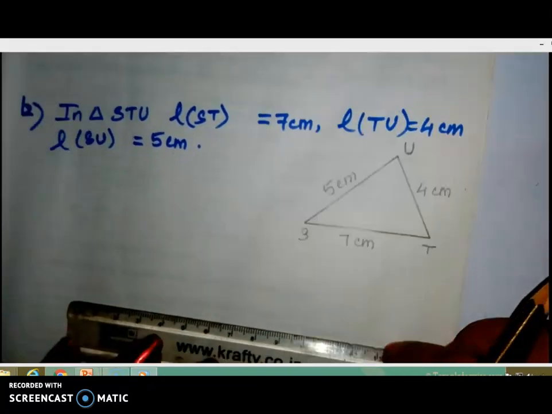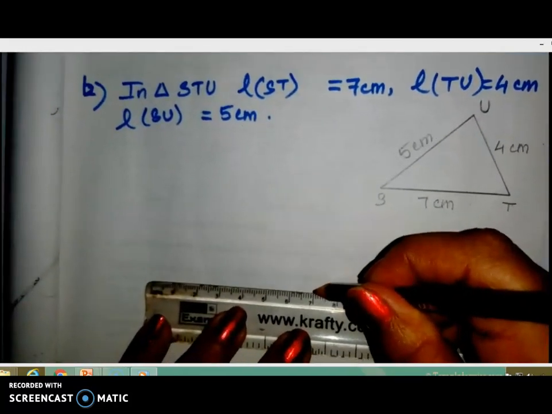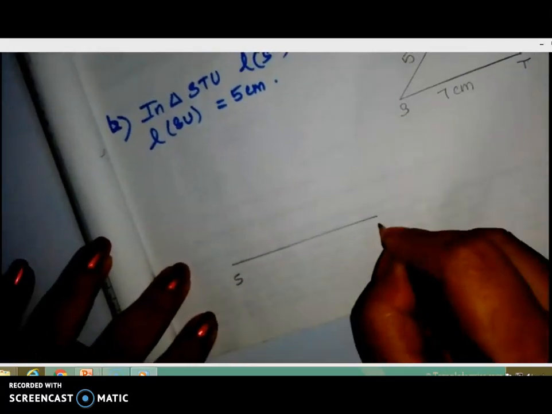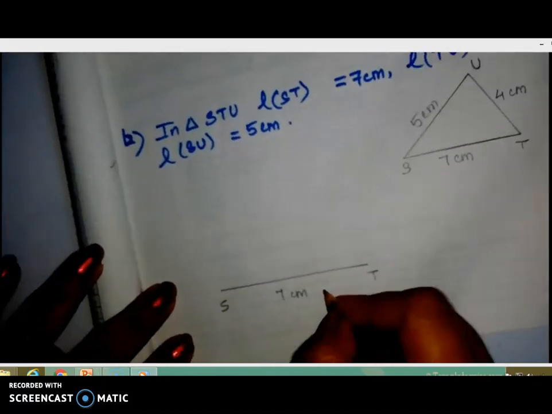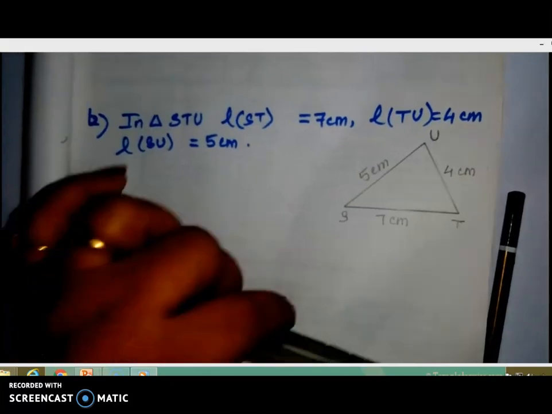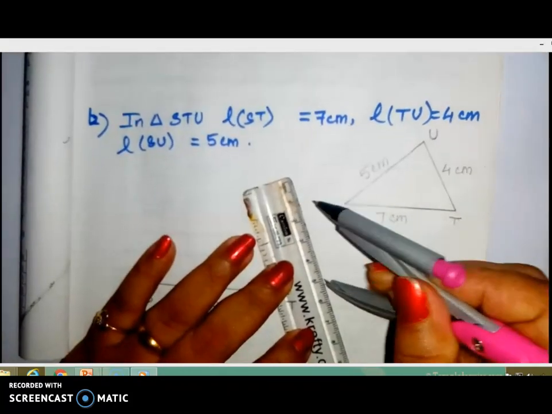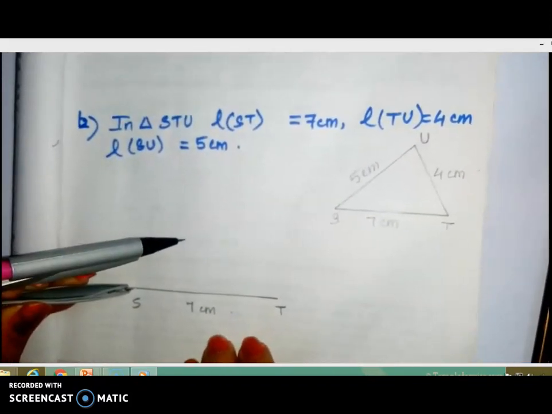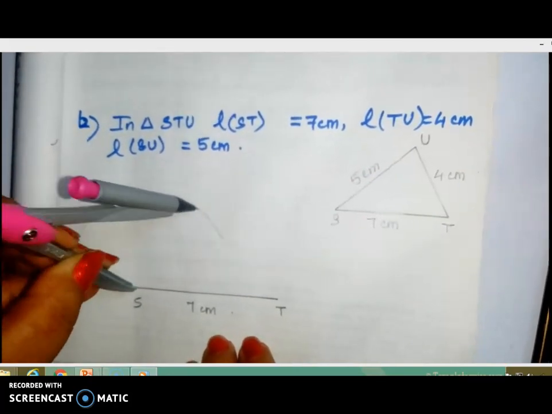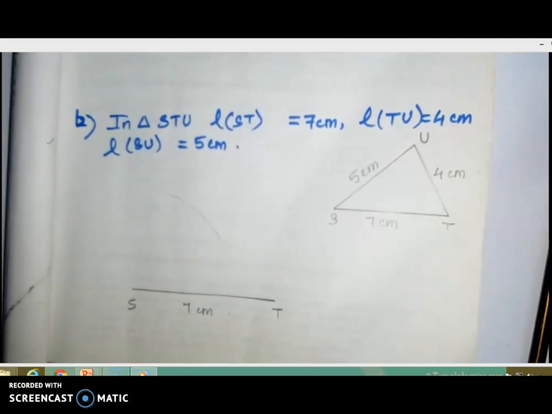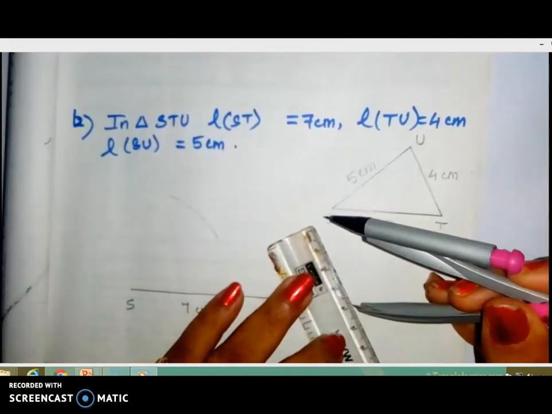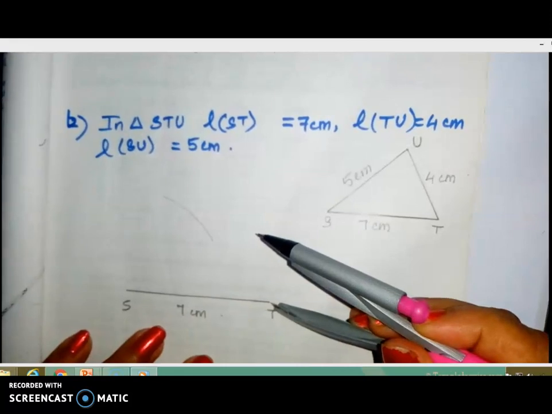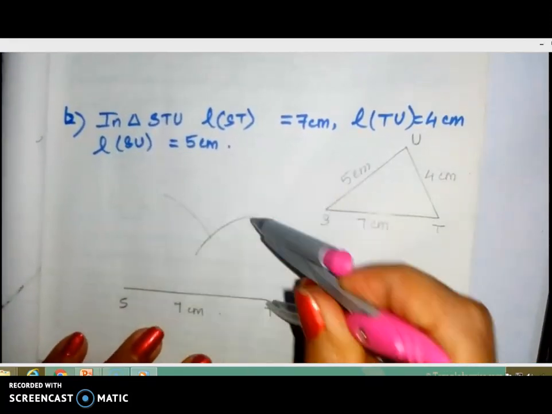So the base ST 7 centimeter. Now with the compass we'll measure 5 centimeter, and we'll draw an arc from S. Now we'll take 4 centimeter and keeping it at T, we'll cut the arc previously drawn.